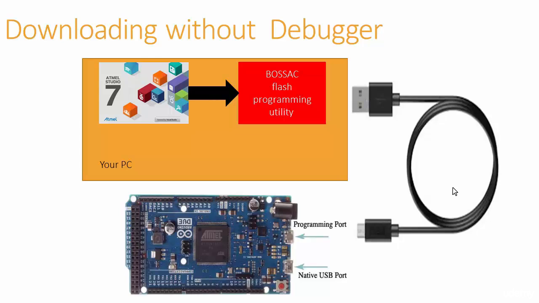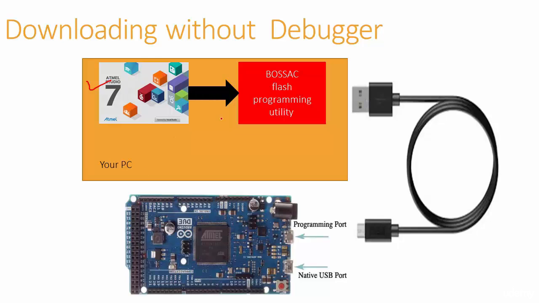All you need is the Atmel Studio software, which we have already installed, and just a board which is connected to your PC through the programming port. Now we have generated a binary for our code using Atmel Studio, isn't it? That's great. But how do we flash that code from Atmel Studio to the board?